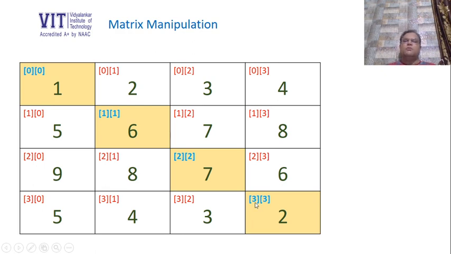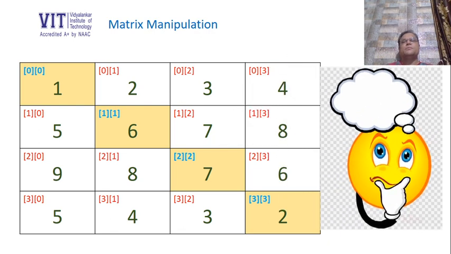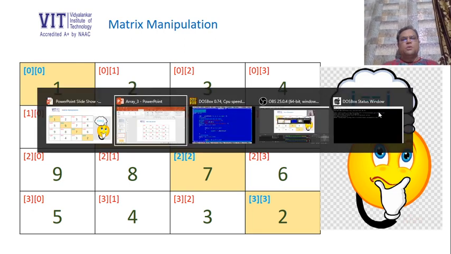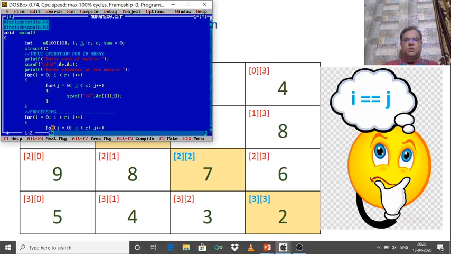Row index is always given by i, and column index is always given by j. So what is the criteria they satisfy? It's simple. That is i is equal to j. So instead of adding all the elements blindly, we should add only those elements which are satisfying the criteria i equal to j. Let's go back into our program and make this change.